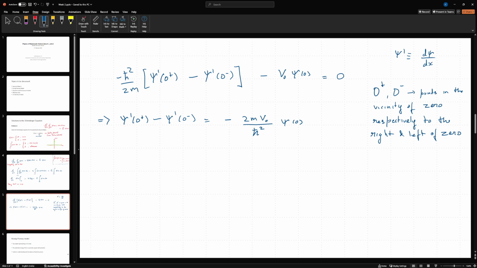So what this is telling us is, as I'm crossing 0, the value of the derivative is actually changing. What this statement explicitly implies is that the derivative of the wave function is no longer continuous.